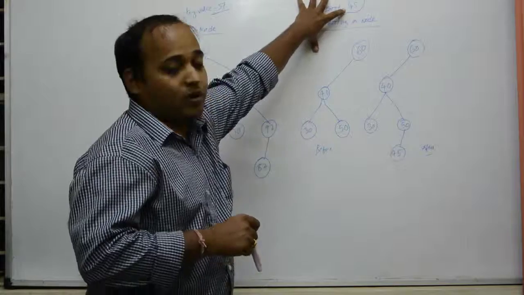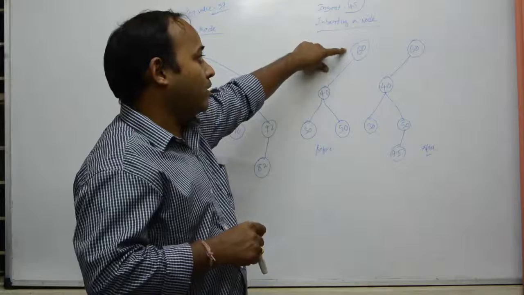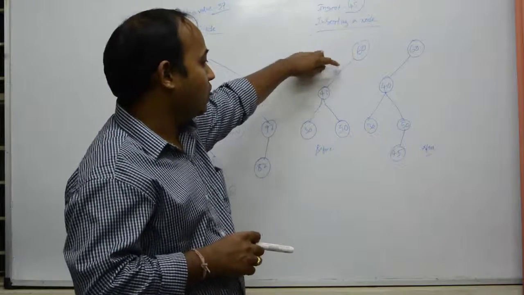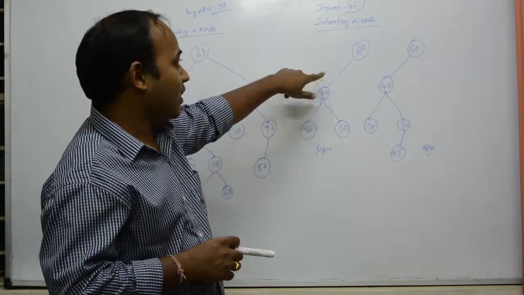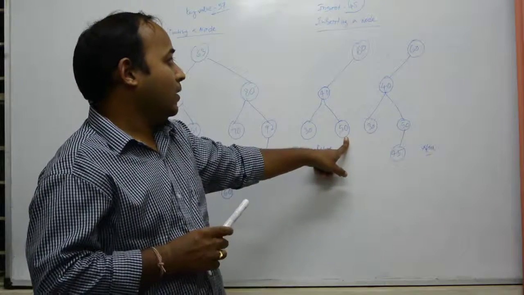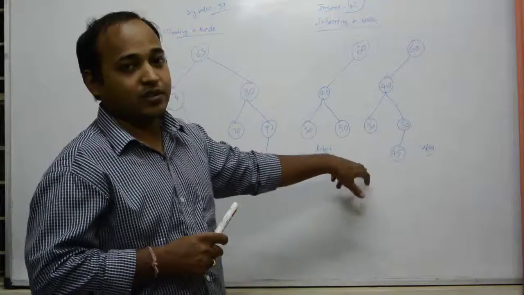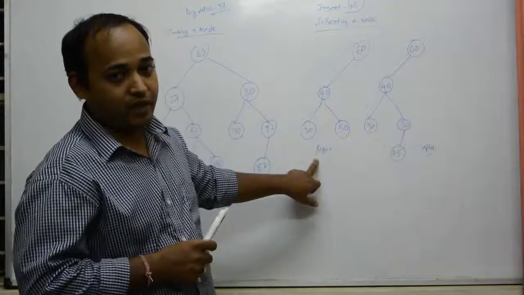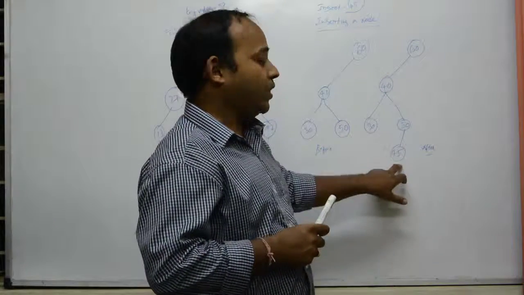The value is 45. Again the key value is compared with the root node 60. The value 45 is less than 60, so it goes to the left side, and again it compares with 40. The key value is greater than 40, so it goes to the right side. Now at node 50, there are no children. The element 45 is less than 50, so it goes to the left. So in the left location, the key value 45 should be inserted.